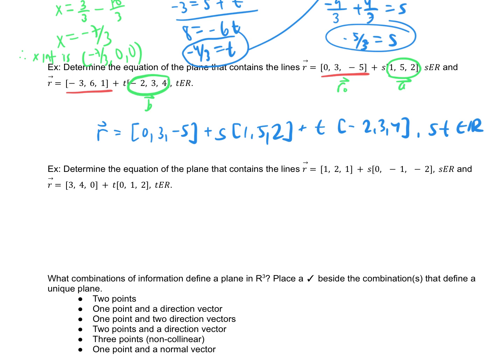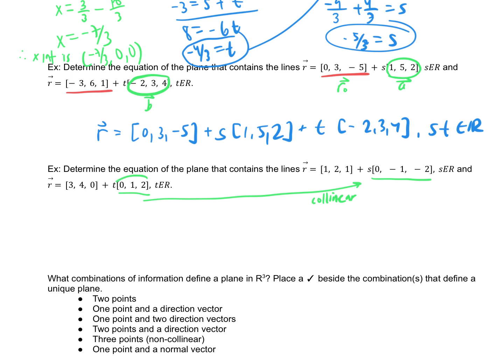The next example, similar idea. But now if we look at our two direction vectors, they're collinear, which means I can't use both of them. I can only use one.